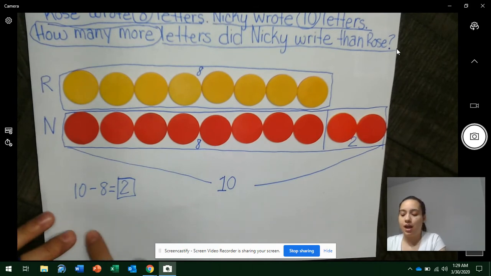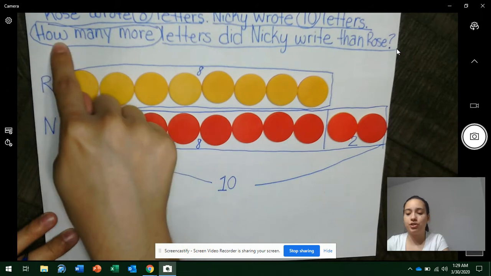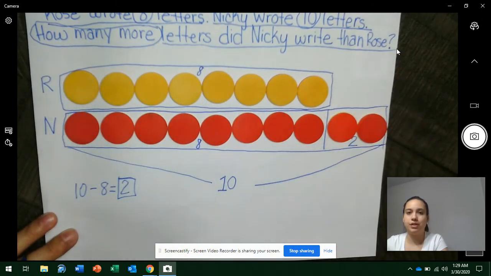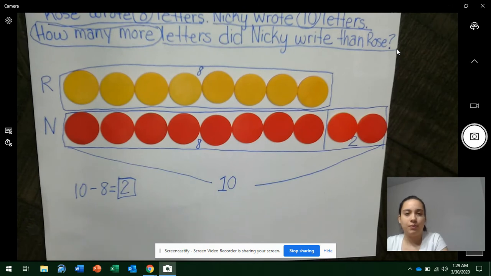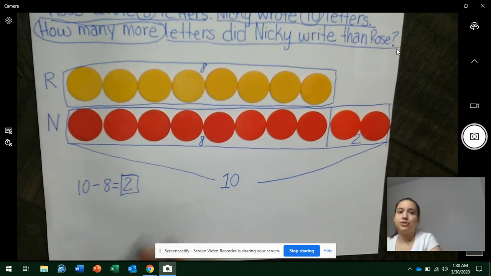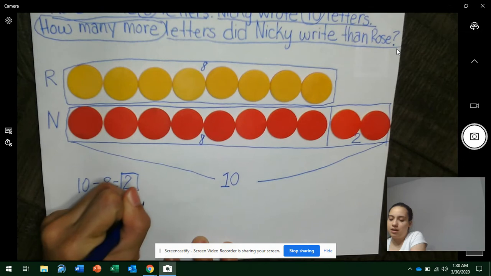Now, let's write a statement by answering the question. How many more letters did Nikki write than Rose? So, what can we write? Say it out loud. Get ready. Very good. So if you said something like, he wrote 2 more letters than Rose, or he wrote 2 more letters, you are correct. So let's write our statement.